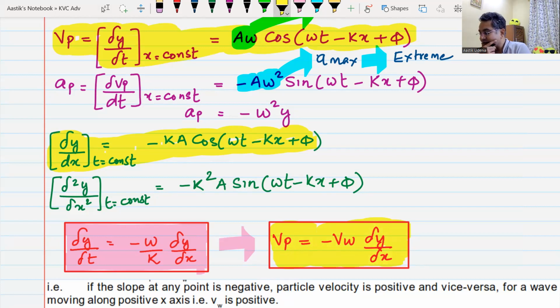Similarly, I can find out the relation between the second derivative of y with respect to t, which is your acceleration, and the second derivative of y with respect to x. Can you tell me what is that relation? What is the relation between this one and this one?